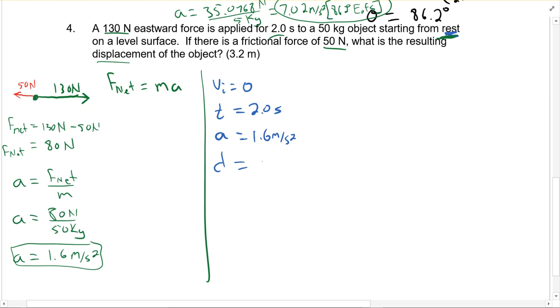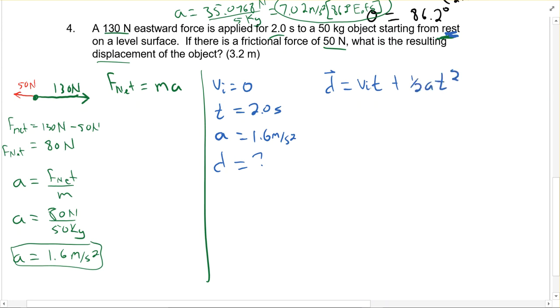So now we just need to use the right formula for this. The right formula is going to be the one that doesn't even have vf in it, right? Because none of these have vf in it. So displacement is going to be equal to vi t plus 1/2 a t squared.